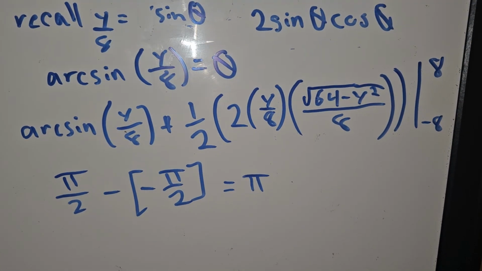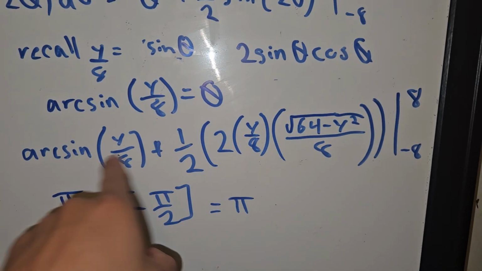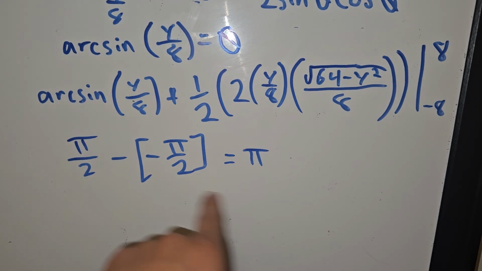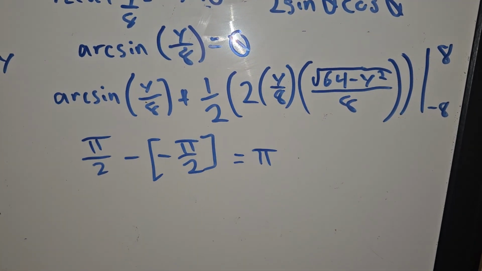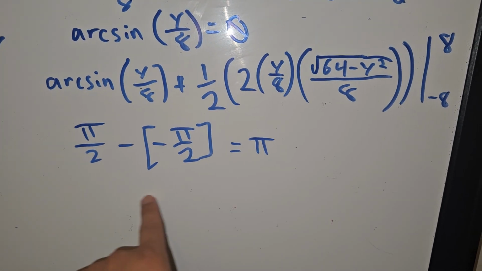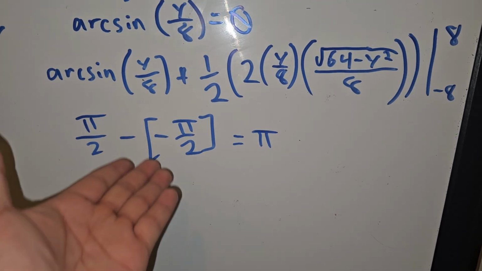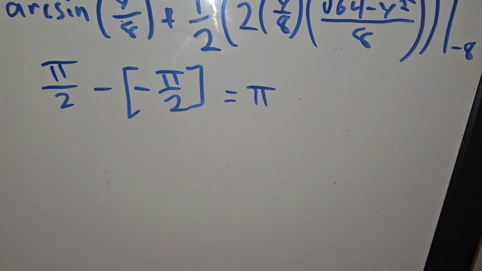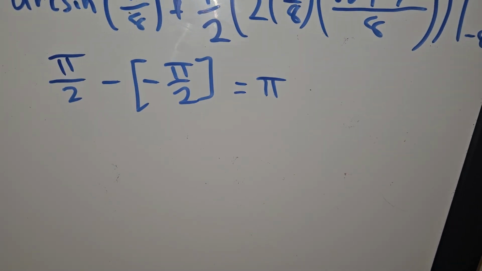After I plugged in the values, after I plug in 8, I got pi over 2 minus, I plug in -8, negative pi over 2. You minus this by negative, basically just adding, you're gonna get pi.